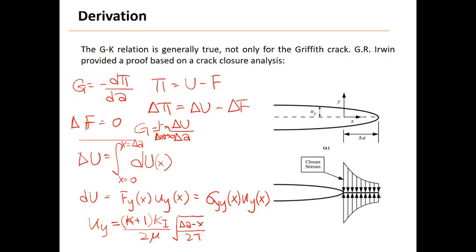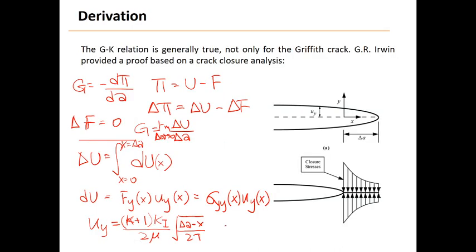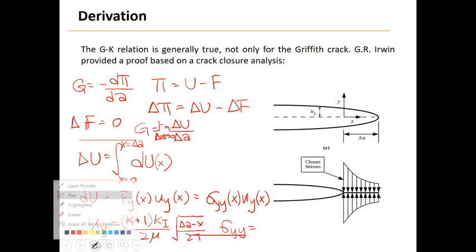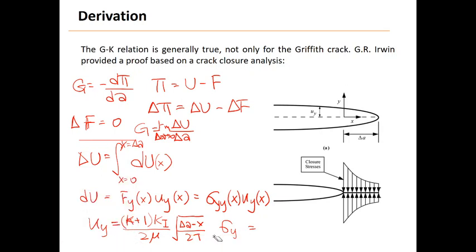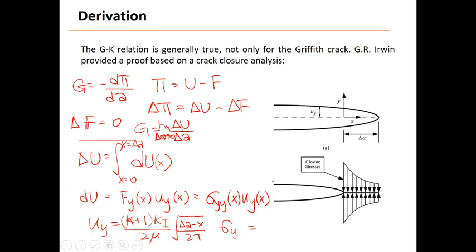Now what we need is sigma yy, right? Sigma yy is simple because in front of the crack, when theta is 0, it has a very simple expression, which is given by K1 over the square root of 2 pi x, right?